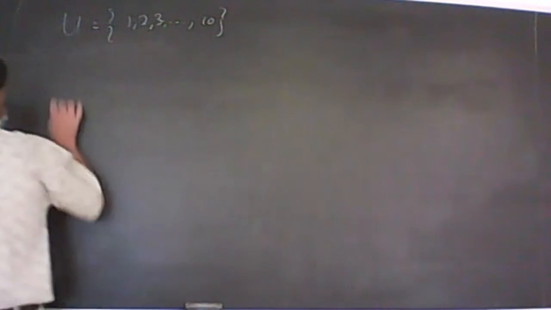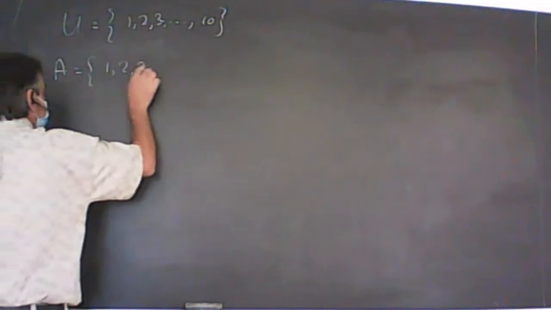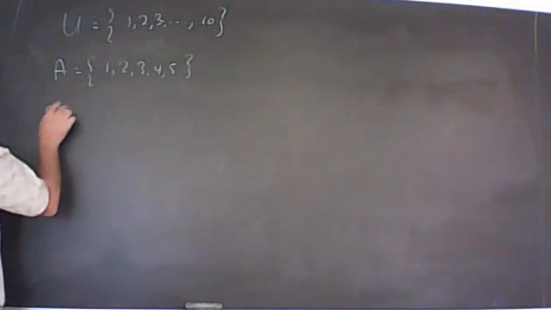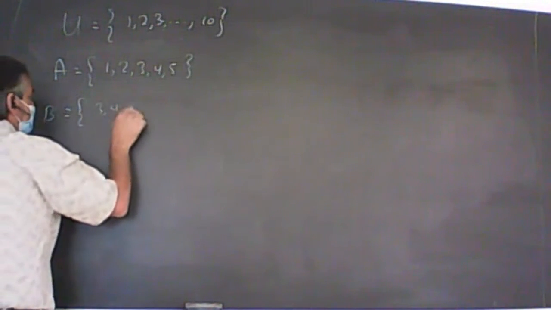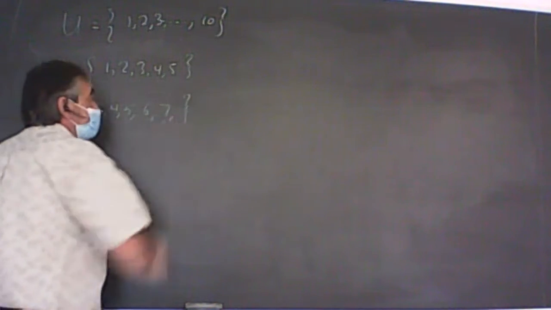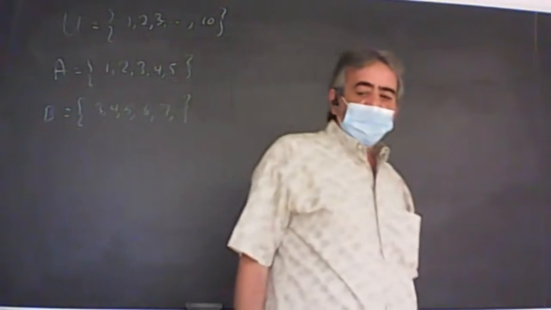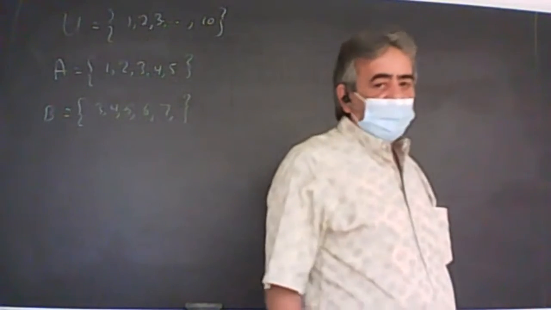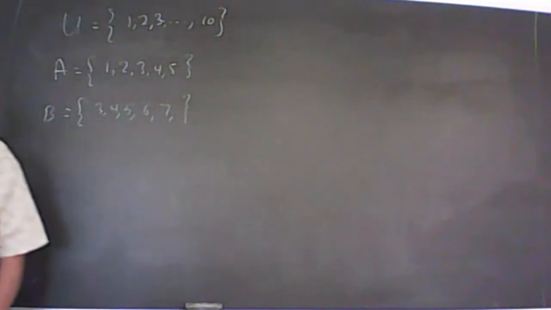Let's say set A are the numbers 1, 2, 3, 4, 5. Let's say set B are the numbers 3, 4, 5, 6, 7. Yeah? And we want to graph a Venn diagram to represent all of these sets. Yeah?